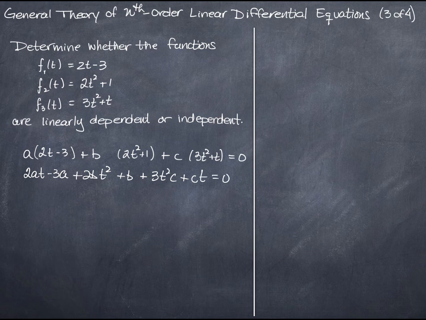And then I'm going to combine like terms so that I have the squared terms first. So I'll have 2bt squared plus 3ct squared. And then the t terms, I have 2at plus ct.